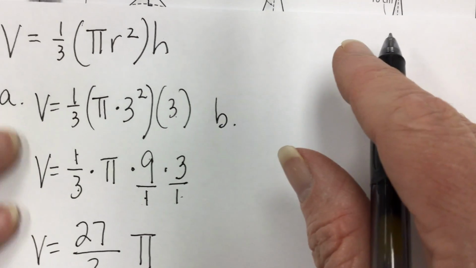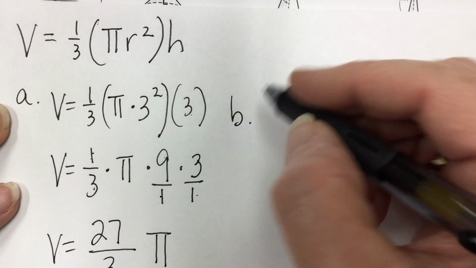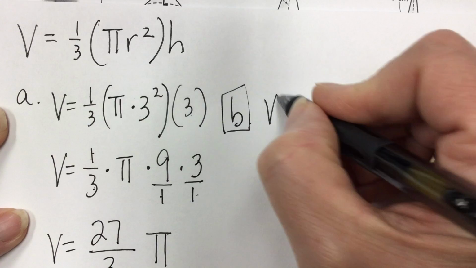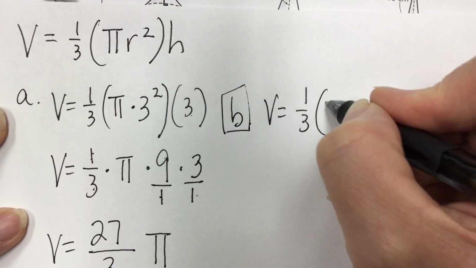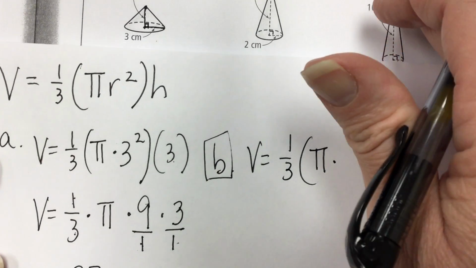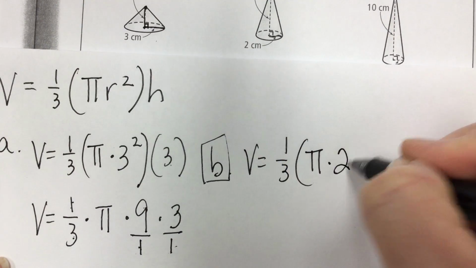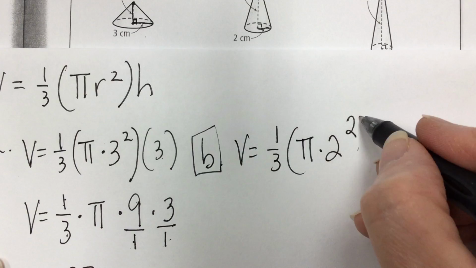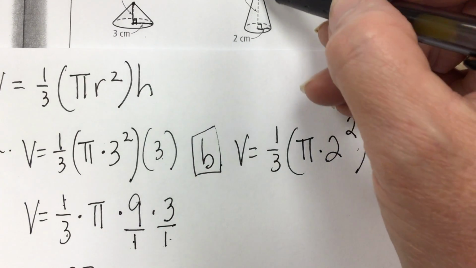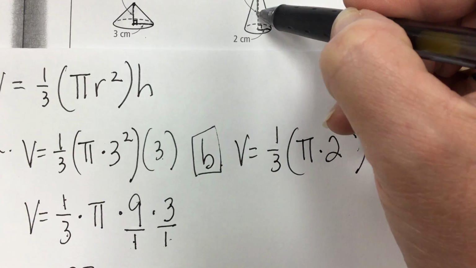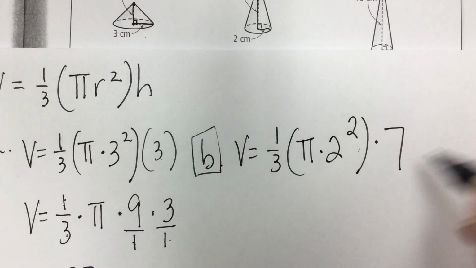Volume is equal to 1/3 pi r squared h. Looking at B part, volume is equal to 1/3 times pi times, my radius in B is 2, so that's 2 squared, times the height. My height in B part, highest point to the lowest point, is 7.